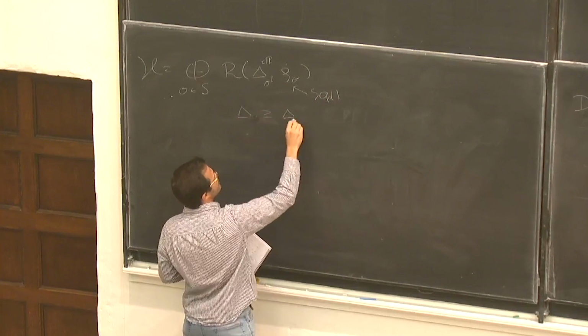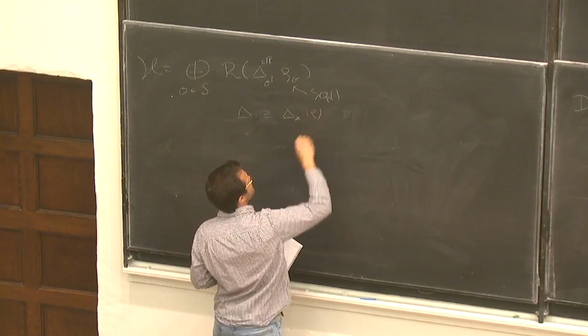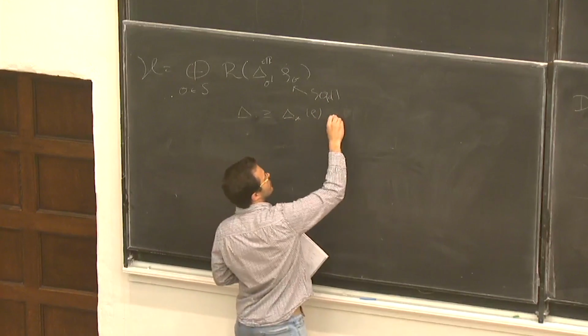Typically Delta must be greater than some Delta star, which depends on the representation. This is called the unitarity bound.